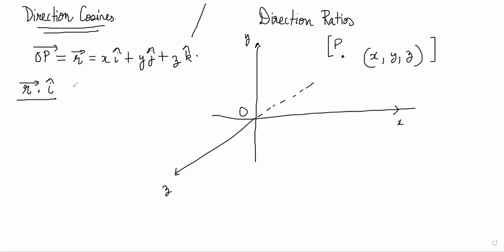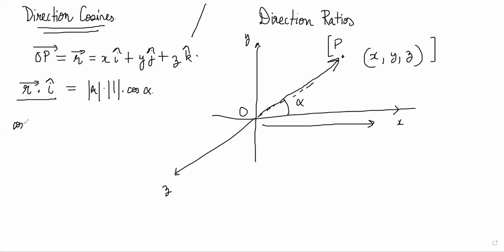If you do R dot I, you will get mod R, mod I, and cos of angle alpha, where alpha is the angle between, let's say, the OP vector and the OX vector, right? Yes.